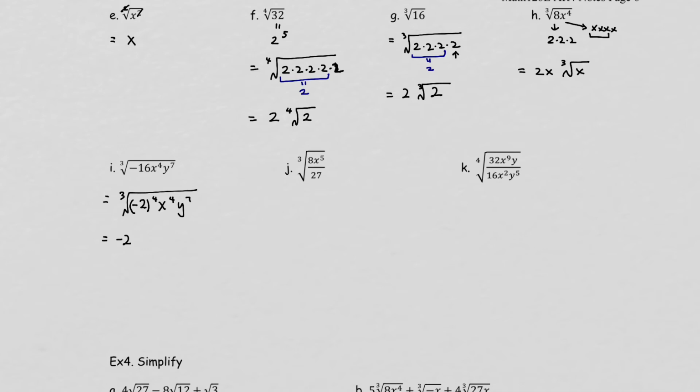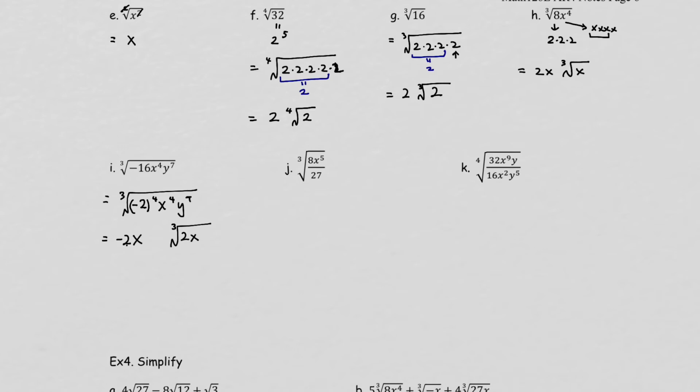So out of 4, 3 will be out. So you will have 1 negative 2 stay. No, it should be positive 2 stay. Right? And then you're going to have 3 out of 4, 3 out, and then 1 stay.